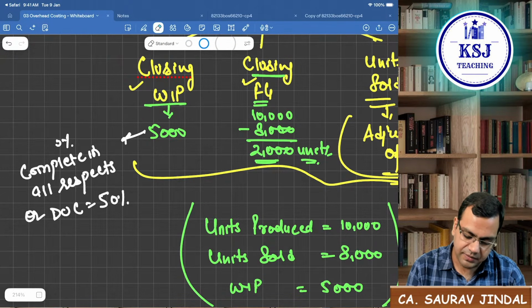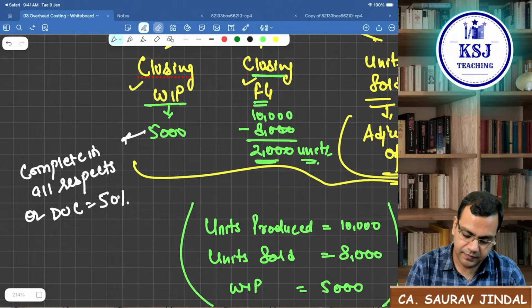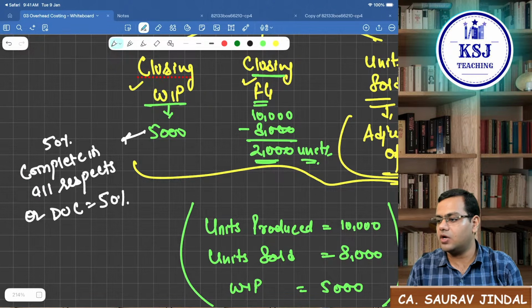Now what does it mean? The degree of completion is 50%. 50% complete in all respects, or they can write that degree of completion is 50%.